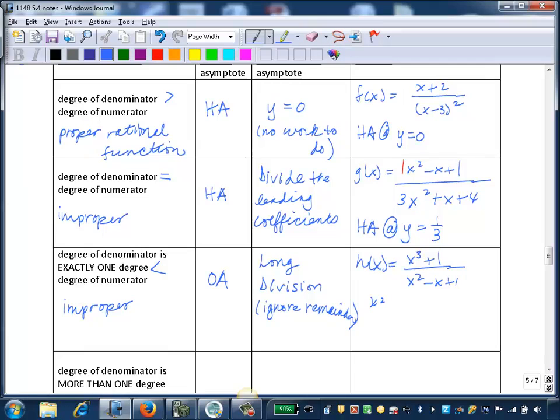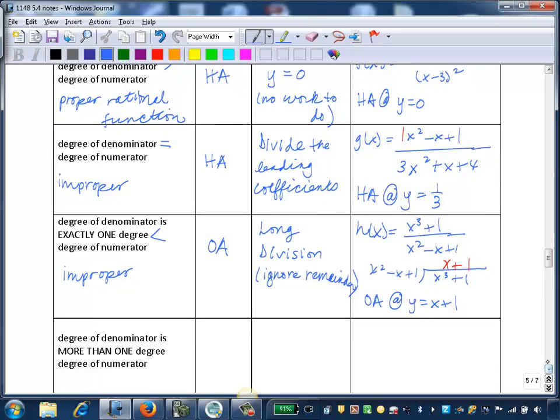So we do x squared minus x plus 1 divided into x cubed plus 1. So when we do that division, we would get a quotient of x plus 1. And we wouldn't care about the remainder if there was a remainder. All we care about is the quotient, so we're going to have an oblique asymptote at y equals x plus 1.